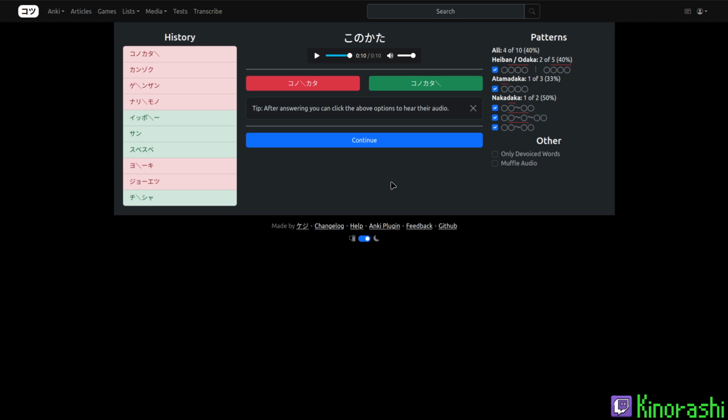Okay, so, oh, I see how you can tell the difference between Heiban and Odaka. This mark on the end, the drop at the end, means this is an Odaka. So it starts low, goes high, then drops for the particle.